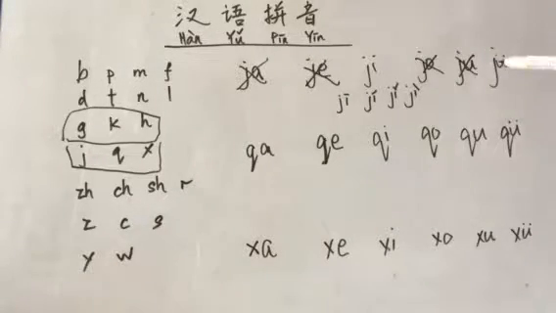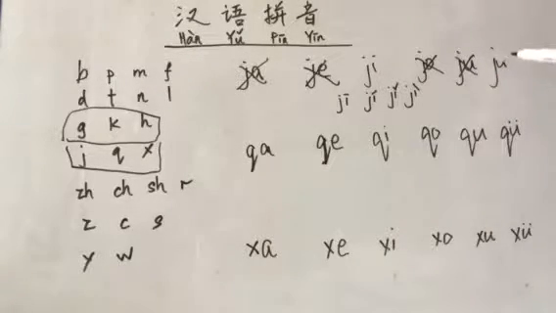Ji, yu, ju. When yu and j match together, these two dots will be removed. It's redundant because when you write JU, you would automatically know that this is yu instead of u, because this one does not exist.